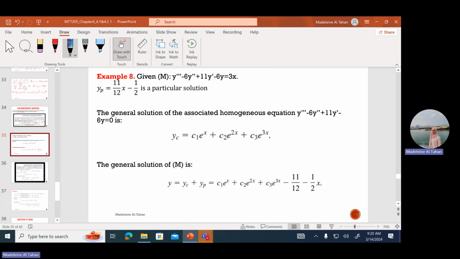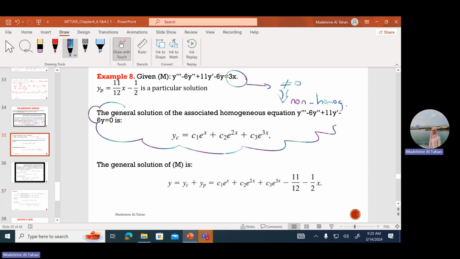Here's an example. We are given a third order differential equation equal to 3x. So this one is not zero. What can we say about it? Non-homogeneous. So the solution will be the solution of the general one, which we found and solved in the previous example, plus the particular solution. And the particular solution, look at it here, it's given, right?